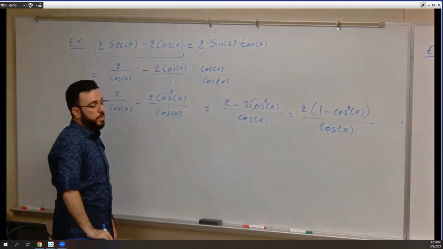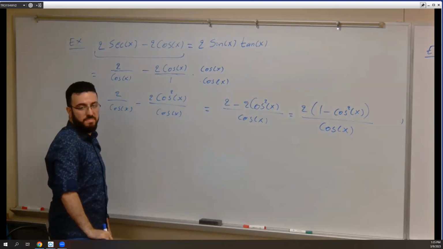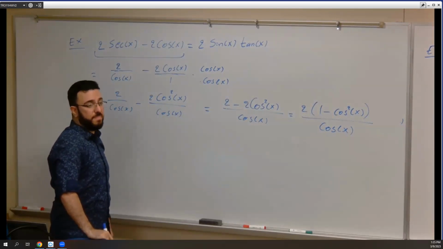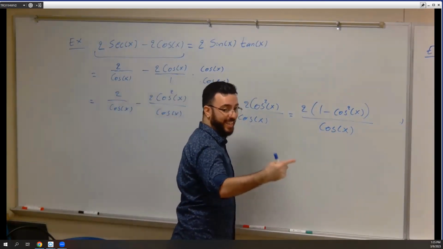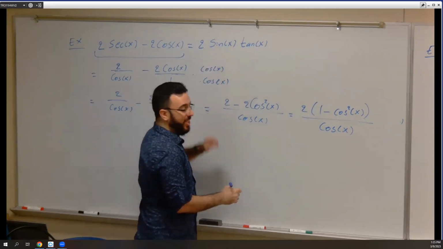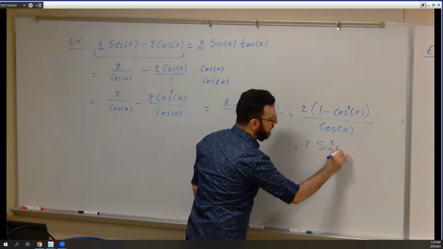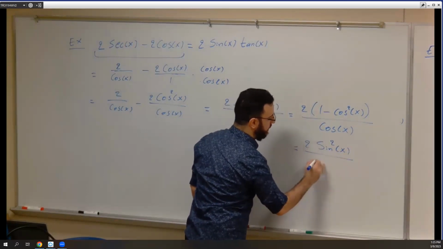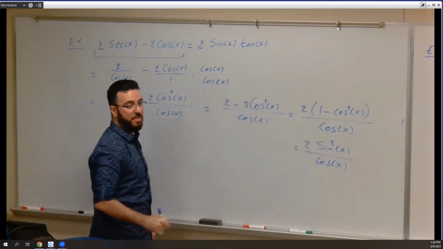What's the next step? 1 minus cosine square x is what? Great. It's sine square x. Yes, that's our goal. We need the sine here. So it's going to be 2 sine square x over cosine x. Now what's the next step?